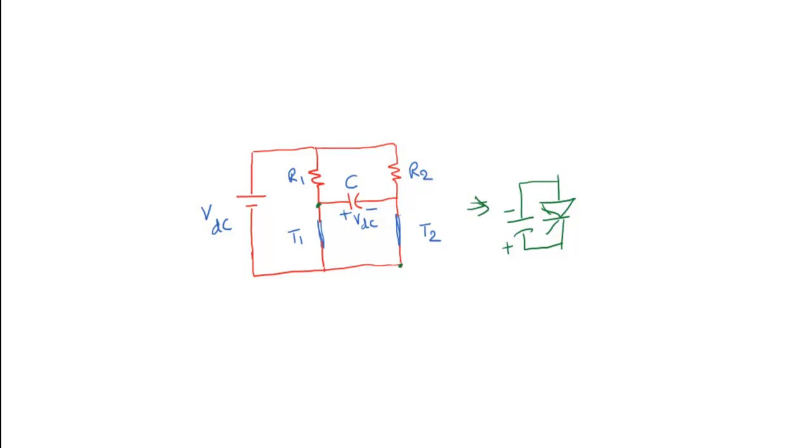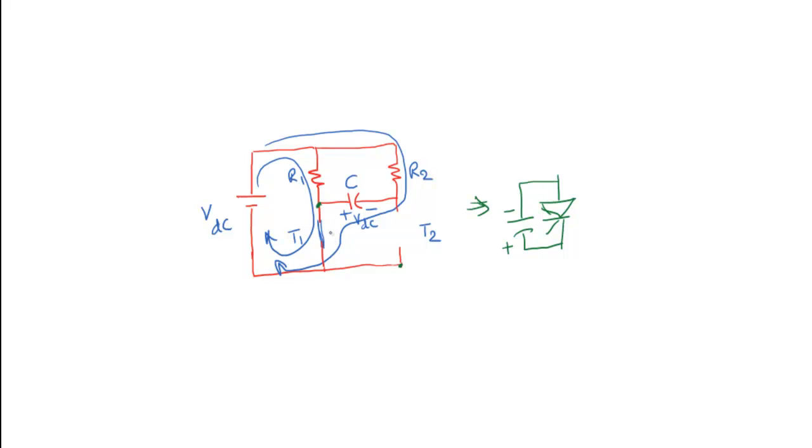Once this conducting thyristor T2 is turned off, T1 will be taking care of the current conduction. So the current will be shifted to T1. In that case, initially two currents will be there. One is the load current as usual, that is I1, and the other is the discharge current. The capacitor will be discharged now like this, and then it will be charged again and be ready for the next commutation.